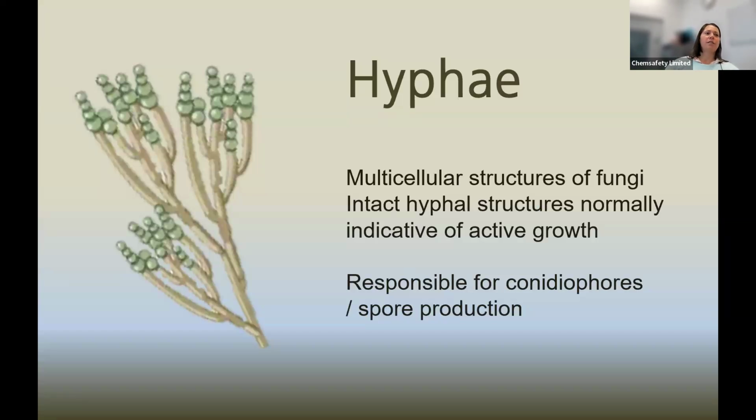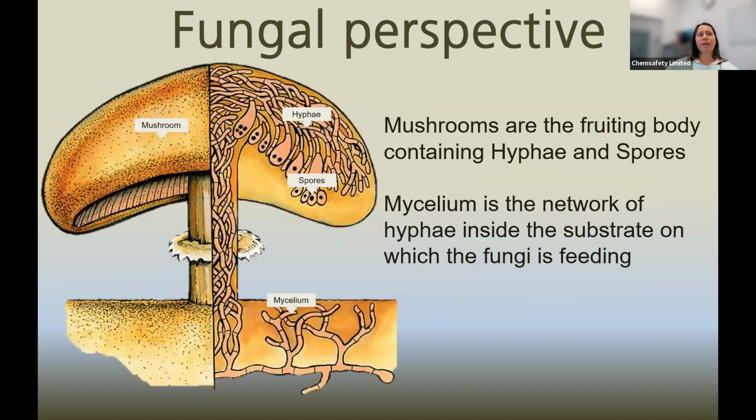The intact hyphal structures are normally indicative of active growth on microscopic slides, and they are also responsible for producing spores. In the fungal perspective, we look at mushrooms, which is the familiar example of a fruiting body. They are formed from hyphae and contain spores.